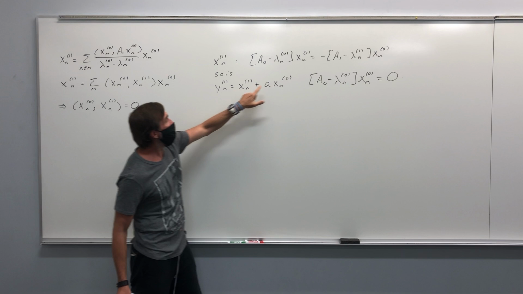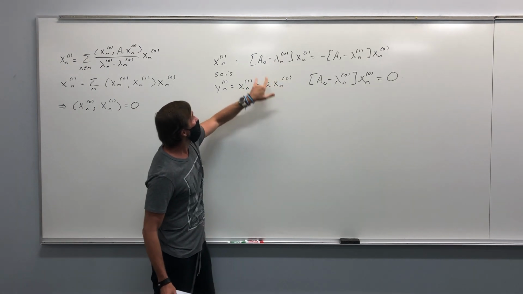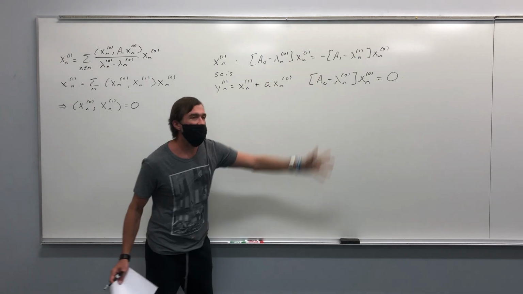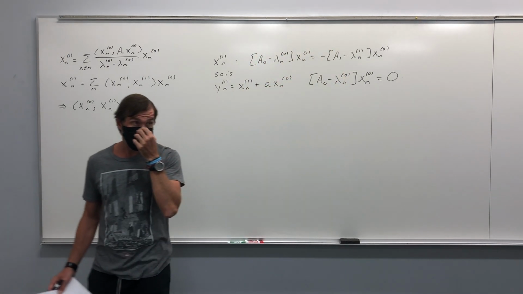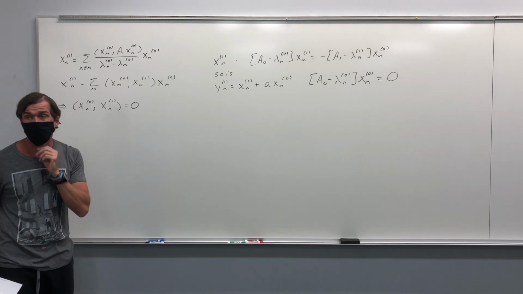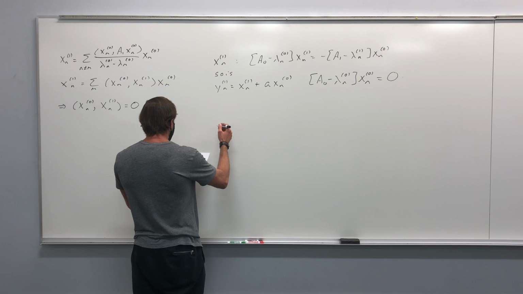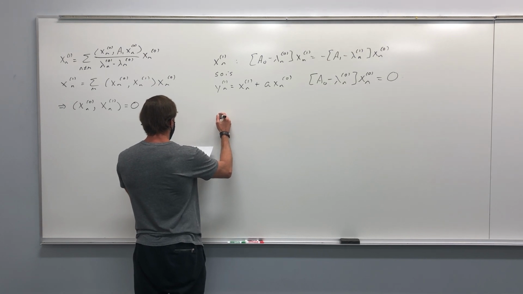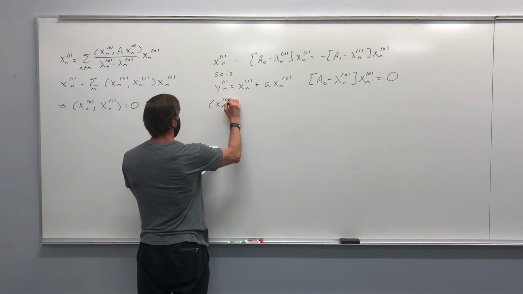Because if you plug this y in here, you get this acting on this, which gives you this, plus this acting on this, which just gives you 0. So it preserves this equation. Okay? We on board? All right, now what's interesting is we can now take this and we can rearrange the following inner product.